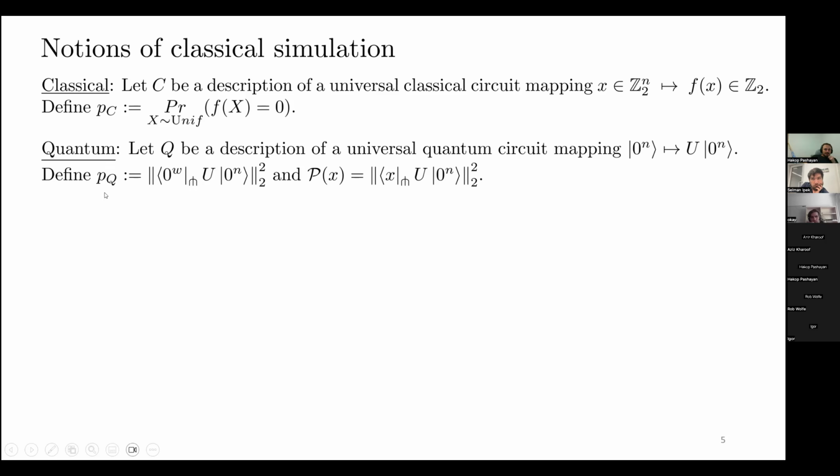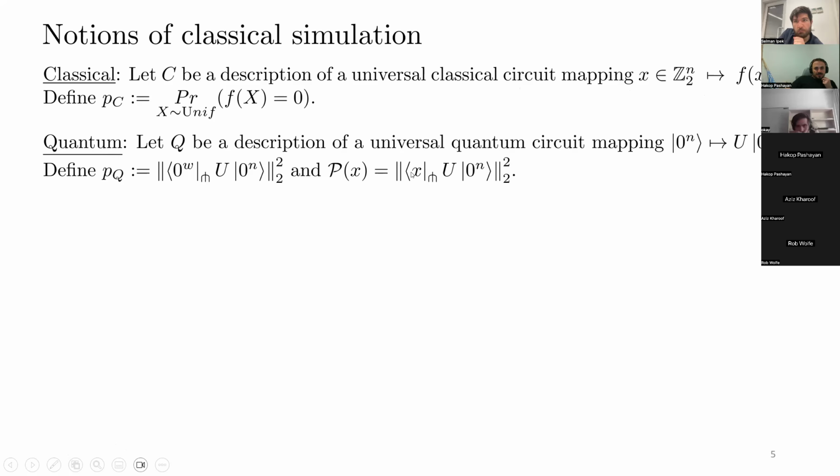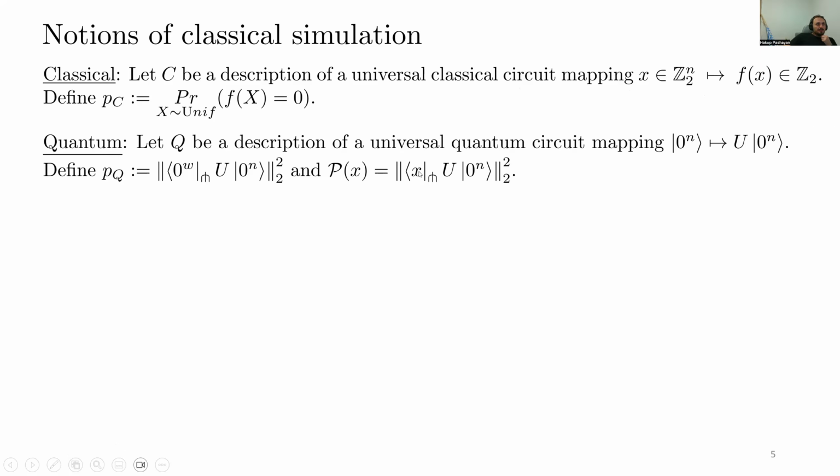And we define this probability PQ as the probability that when you take this state and you measure the first w qubits, you see the all-0 outcome. And that's given by this quantity here, just the 2-norm of the state where we project the first w qubits onto the 0 state. And of course, we don't have to just consider the 0 outcome. We could ask for an arbitrary length-w outcome x, and we get some probability distribution P of x. And this defines the quantum output distribution.